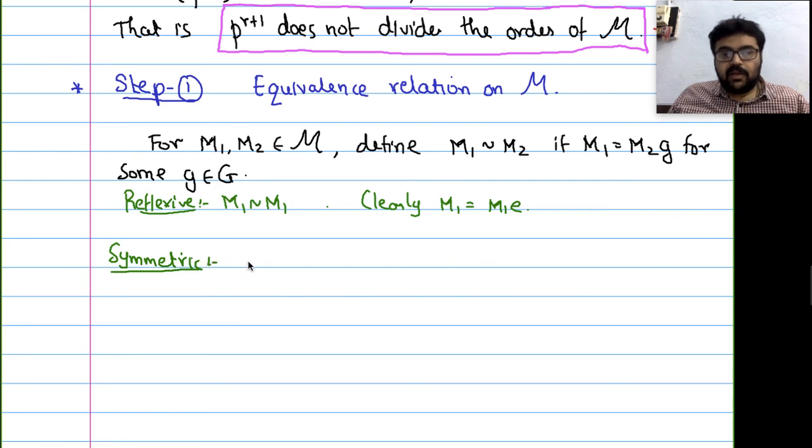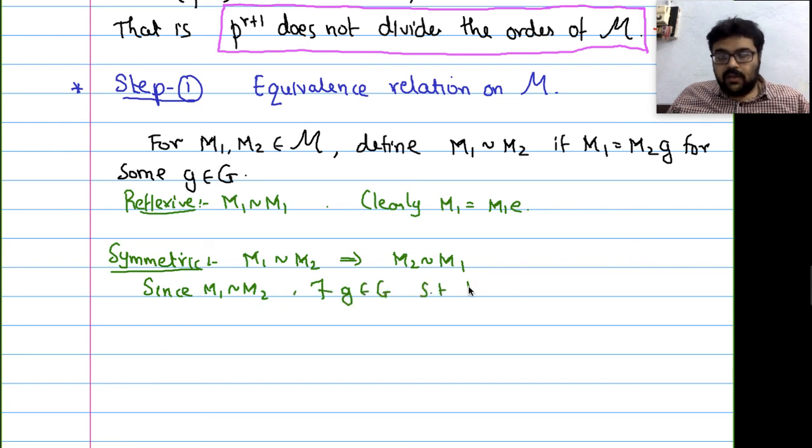The relation is symmetric. How do we show this? Suppose we are given M1 is related to M2, then we have to show that M2 is related to M1. Since M1 is related to M2, there exists G in G such that M1 equals M2G. This was the relation.